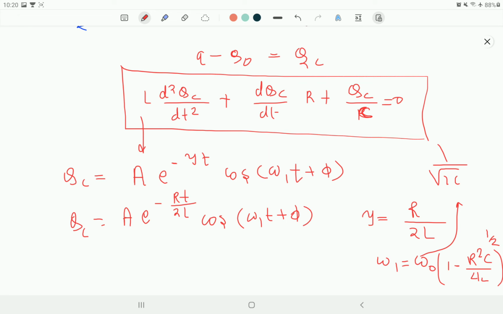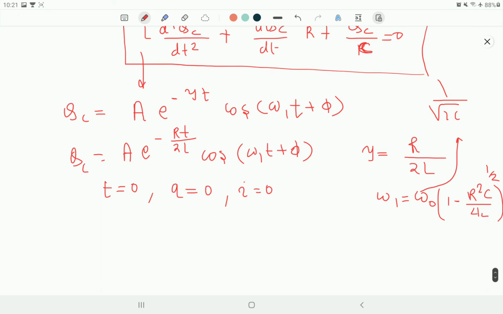Now initially, at time t equal to 0, the charge q in the circuit was 0, and similarly the current in the circuit was 0. We'll be using this to find some important things. The value of qc that we already assumed, q minus q naught, is equal to A to the power minus Rt by 2L cos(omega 1 t plus phi).